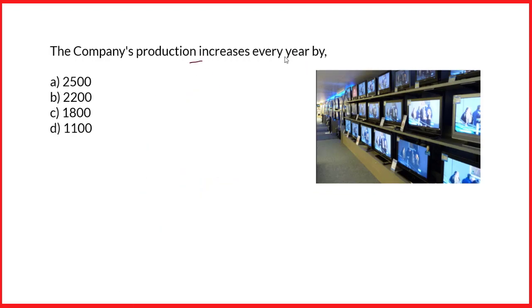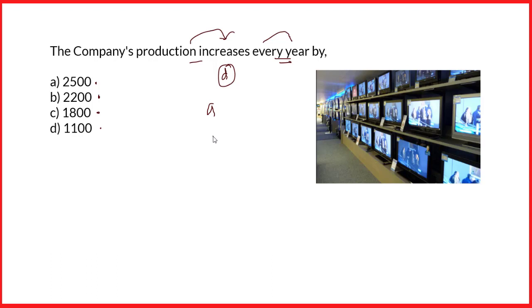Now here is the next question. The company's production increases every year by 2,500, 2,200, 1,800 or 1,100. We have to find the company's production increase every year. It means we have to find the common difference, and this common difference we have calculated in the first question.